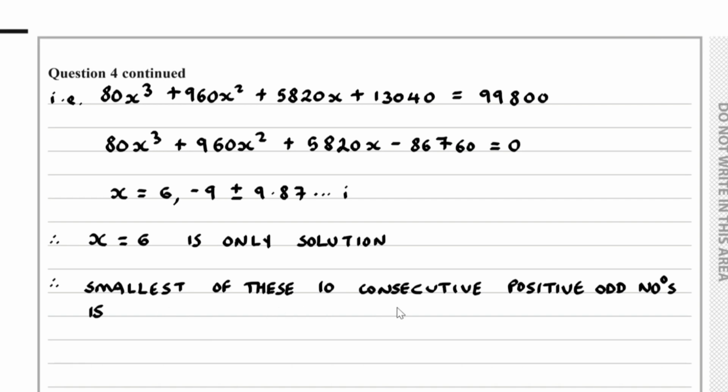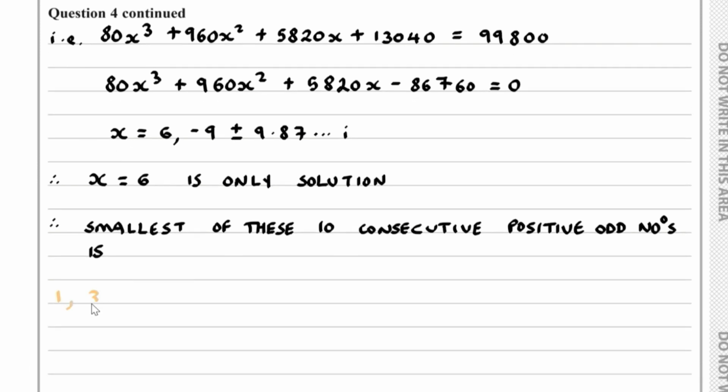The smallest of these 10 consecutive positive odd numbers is, well, if we write down the odd ones, we've got 1, 3, 5, 7, 9, 11. We want the 6th one. So we get 11 as our final answer.